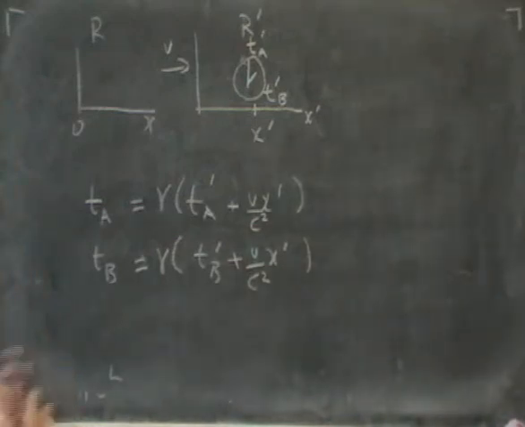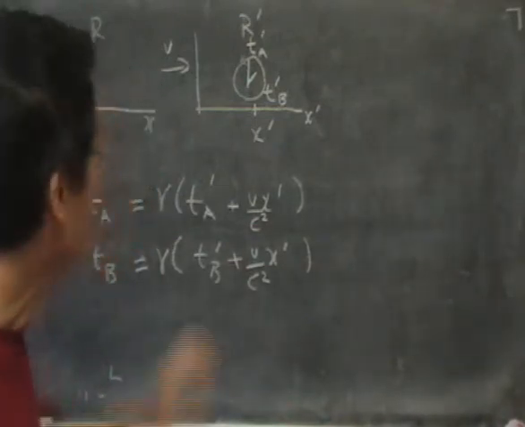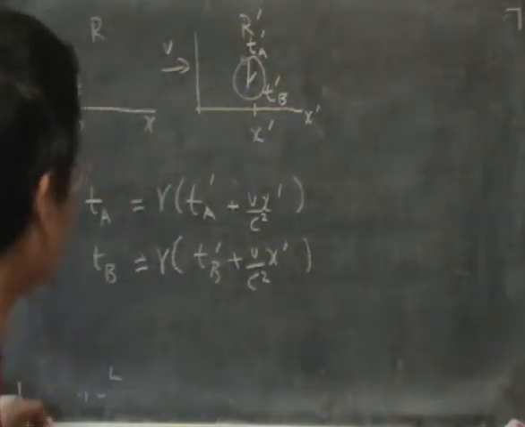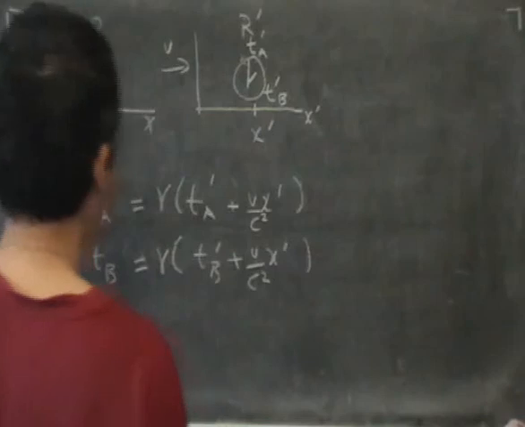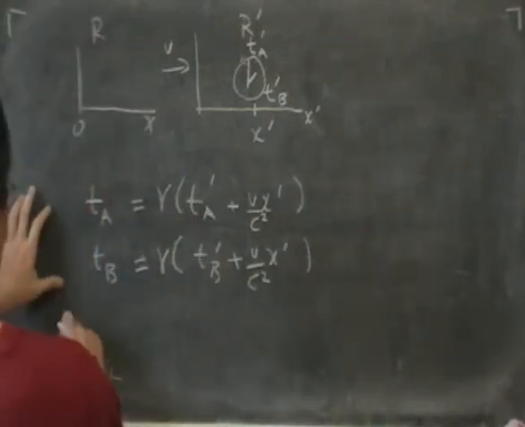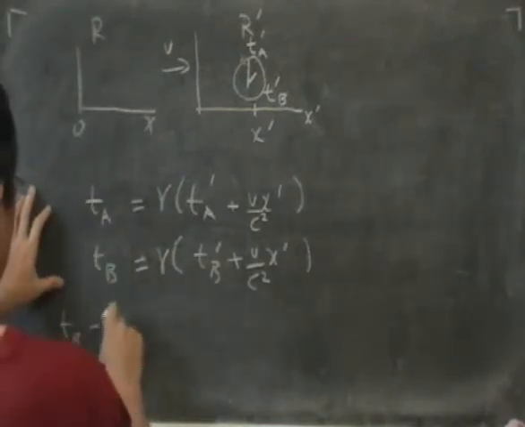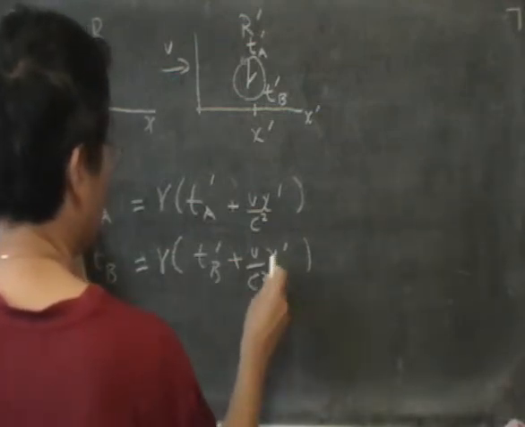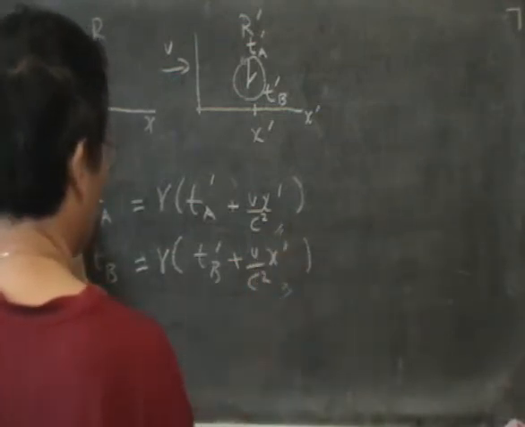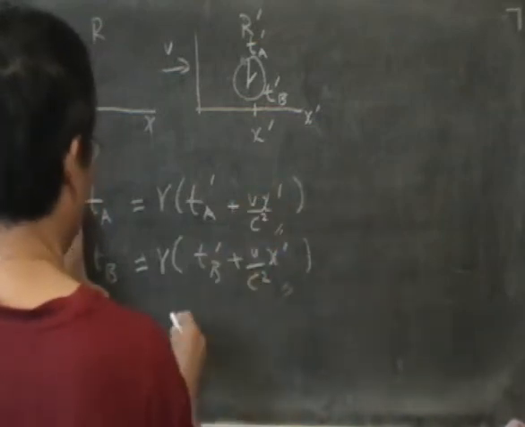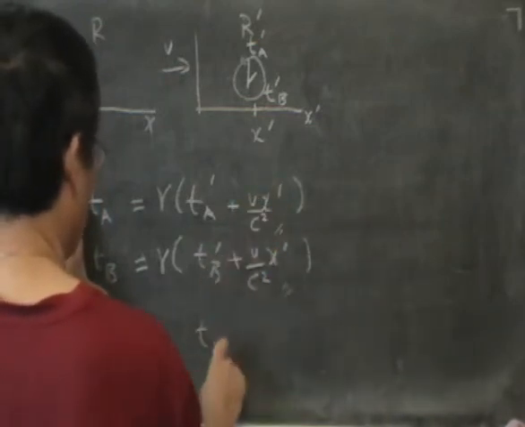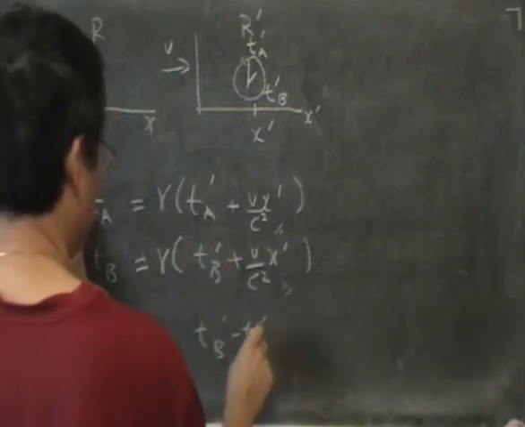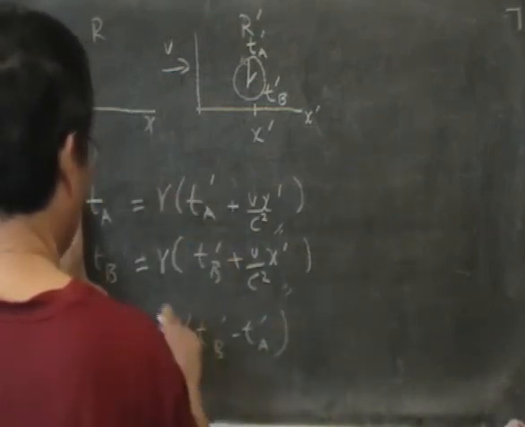So once again, I want to compare the duration of the time measured by this observer and by this observer. I could subtract the two equations. Let's do TB minus TA. Notice that these two terms are the same, so they cancel, and I have just TB prime minus TA prime with the factor of gamma.